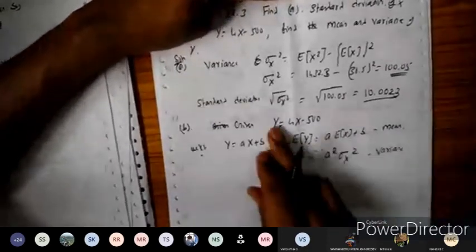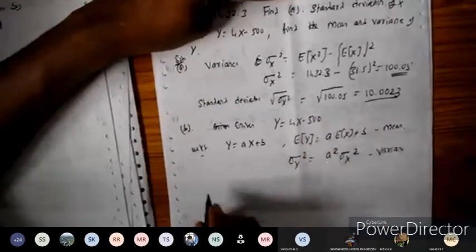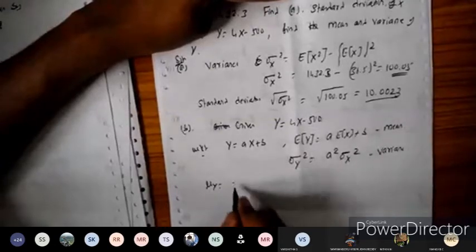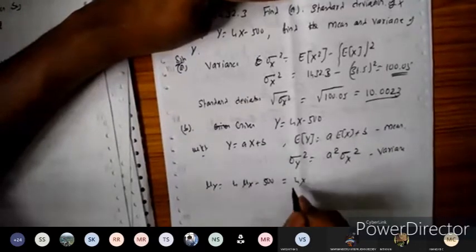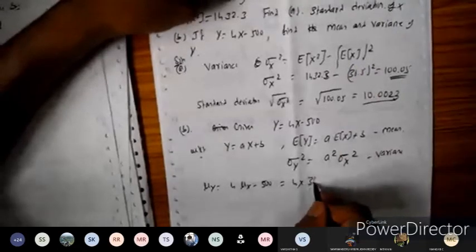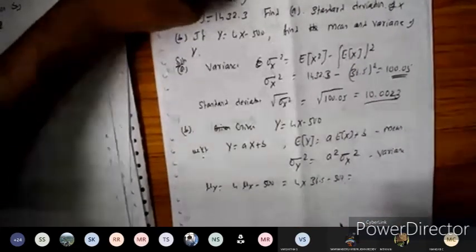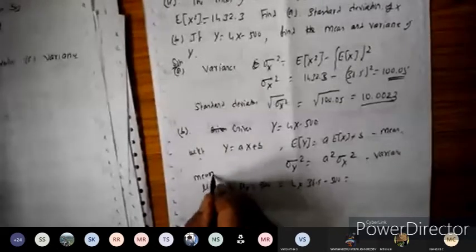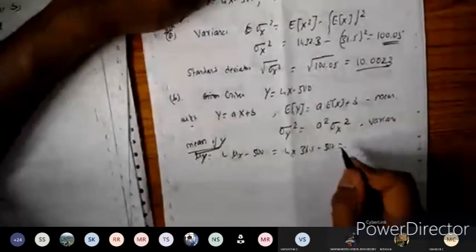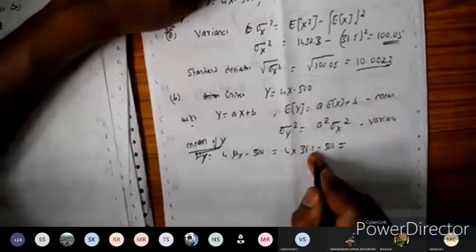Let us find this directly instead of doing it step by step. The new mean of y is a, which is 4, into the mean of x, which is given as 36.5, minus b, which is 500. So 4 into 36.5 minus 500.